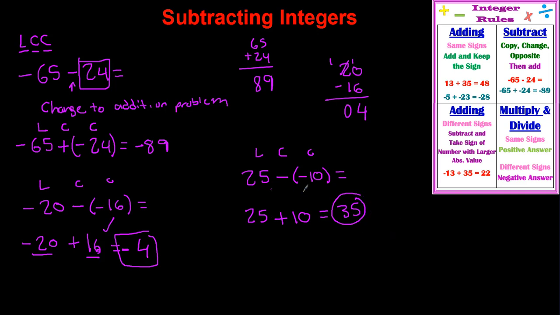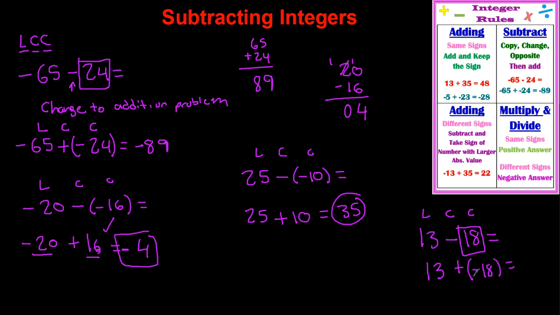Last one. Let's say we have 13 minus 18. Once again, leave, change, change. We have a subtraction problem. We don't want that. We want an addition problem. 13 plus, this is a positive 18, so that turns to negative 18.